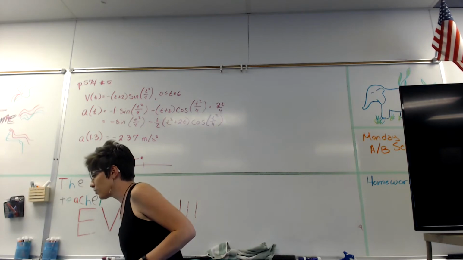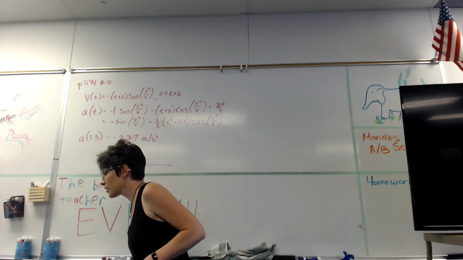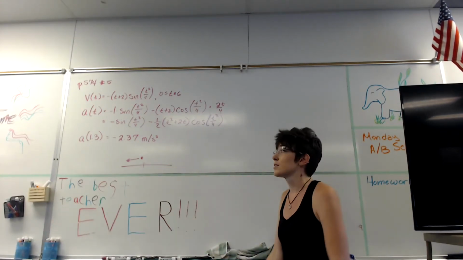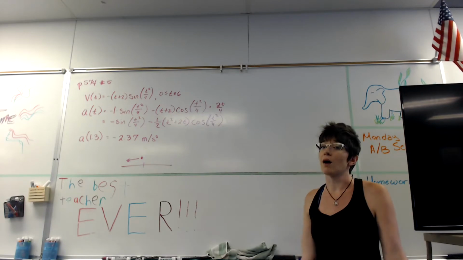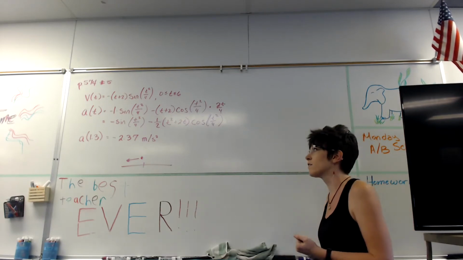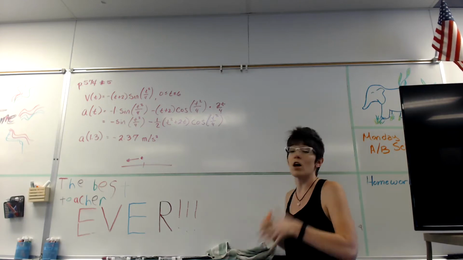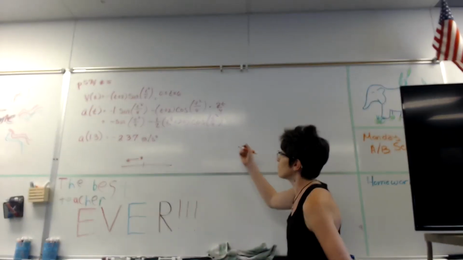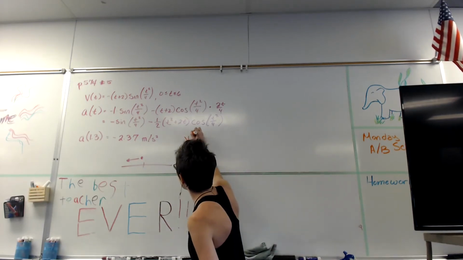And then part 2 of A says, determine if the particle is speeding up or slowing down at this exact time. So in order to tell if I'm speeding up, I need to know what my velocity is to begin with. And see if my velocity is in the same direction as my acceleration? So let's go ahead and find what v of 1.3 is.